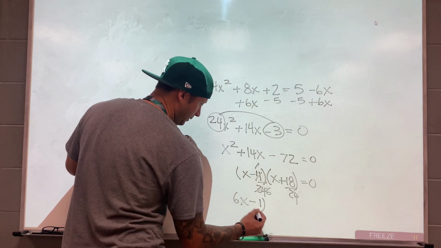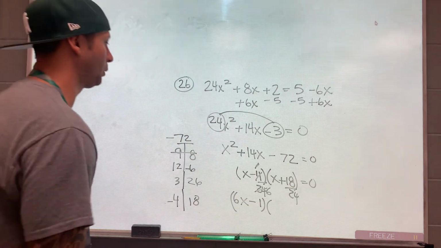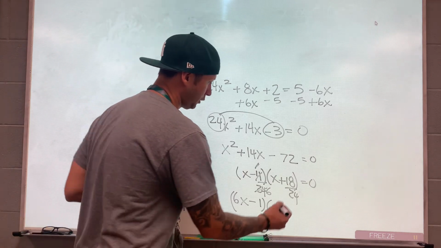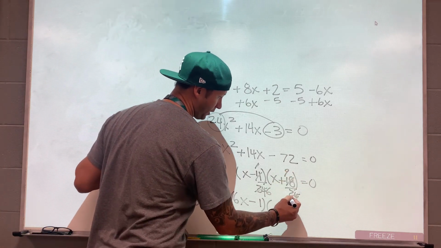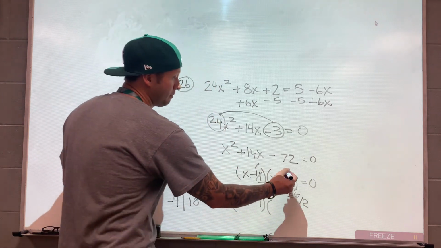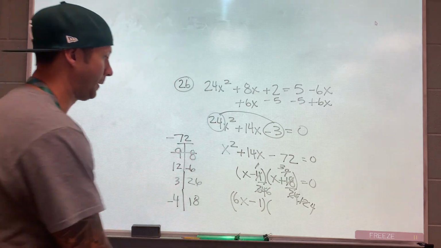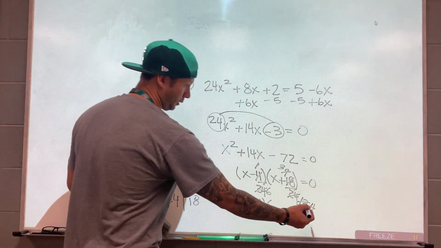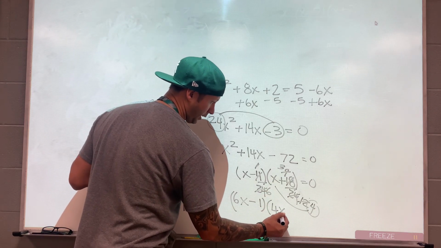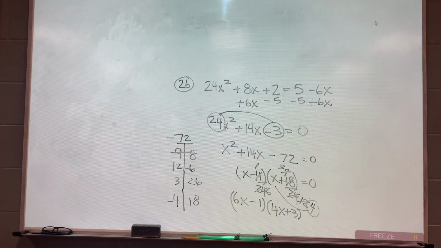So 1. Here we have 18 and 24. They're both even. So if I do 2, this will be 9. 2 goes into 12. But then 3. All right, 3/4. So the 4 is going to come up. So 4x plus 3. That one almost got us.